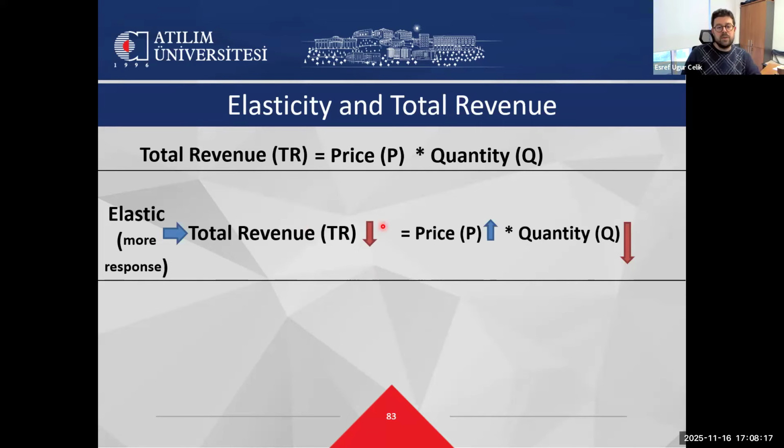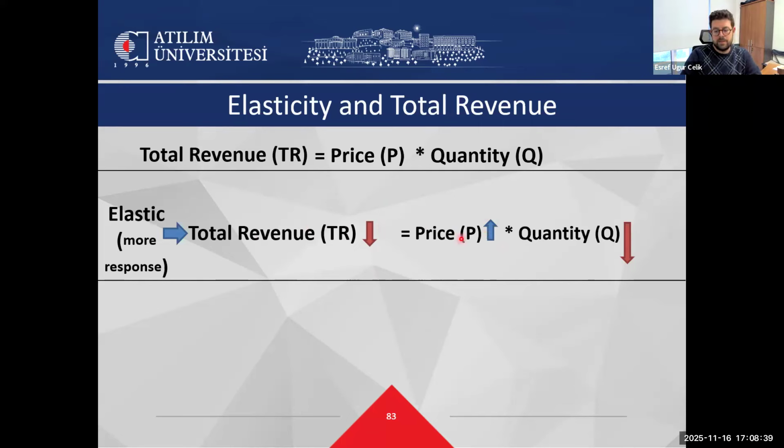Because elastic goods means that the rivalry or competition level is too high. If you increase the price, you can lose your sales. That's why for elastic goods, increasing price is not good. So for elastic goods, the total revenue and price relationship is negative.